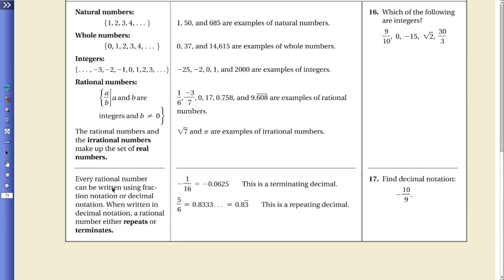And then they say, well, every rational number can be written using fraction notation or decimal notation. Well, really, decimal notation is just fractions, isn't it? Here's the tenths place, the hundredths place, the thousandths place, 10,000ths. This really means negative 625 over 1,000. And they say it's a terminating decimal.